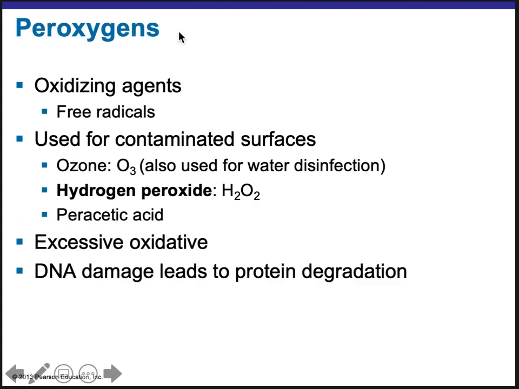Okay, so peroxygens are oxidizing agents that form free radicals. This can be ozone, hydrogen peroxide, or peracetic acid. Ozone is a gas, and this is starting to become more popular as a disinfection method for water. It's very expensive.